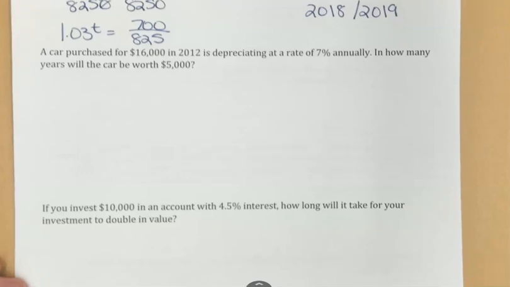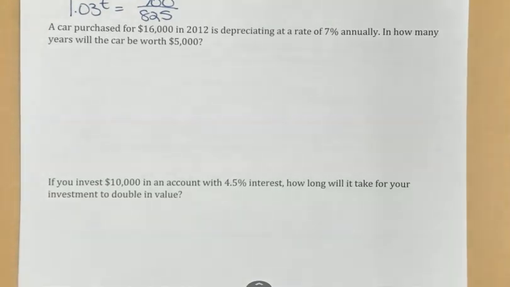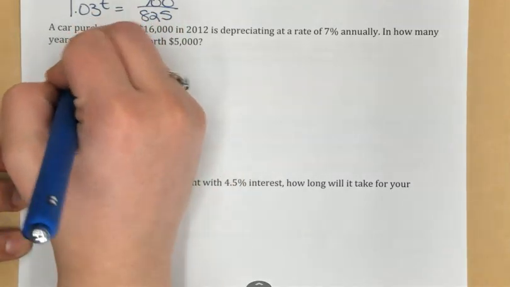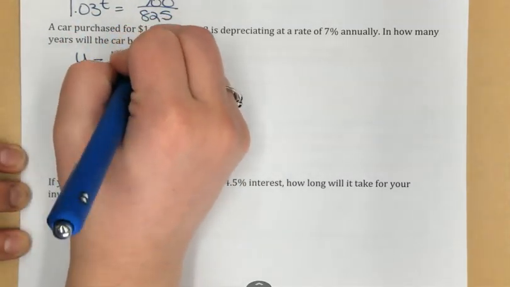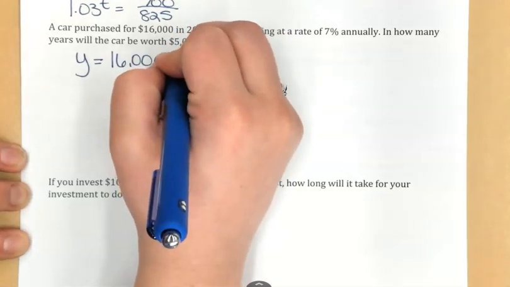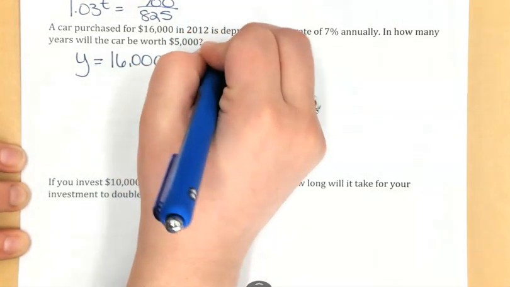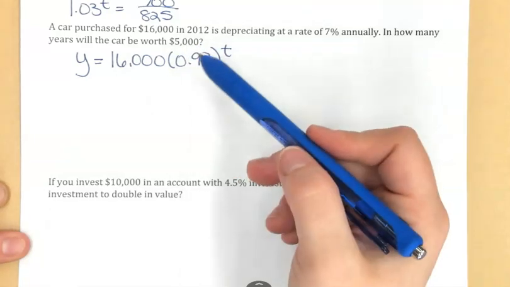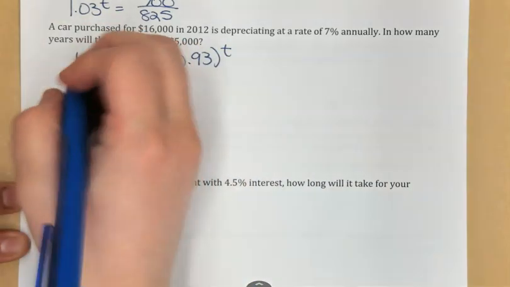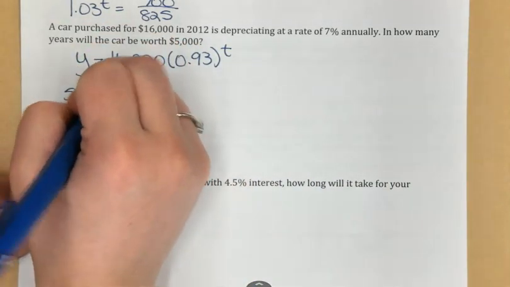Okay, if a car is purchased for $16,000 in 2012 and is depreciating at a rate of 7% annually, well, that's exponential decay. So that equation would be 16,000 times 0.93 to the t power. To find in how many years the car will be worth $5,000, I'm going to set my equation equal to 5,000.